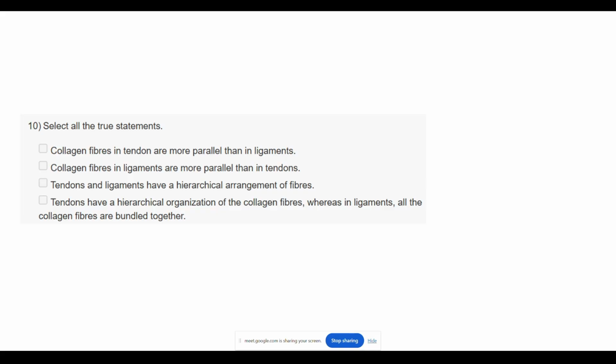Select all the true statements. Collagen fibers in tendon are more parallel than in ligaments. Collagen fibers in ligaments are more parallel than in tendons. Tendon and ligaments have hierarchical arrangement of fibers. Tendons have hierarchical organization of collagen fibers, whereas in ligaments, all the collagen fibers are bundled together. The answer is collagen fibers in tendons are more parallel than in ligaments, and tendons and ligaments have hierarchical arrangement of fibers.